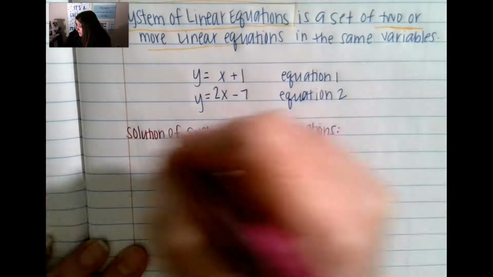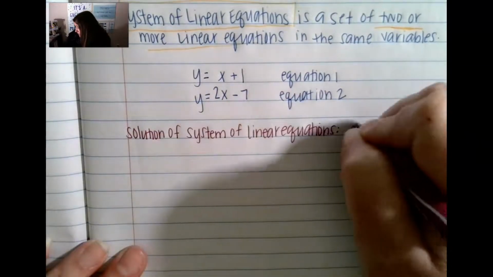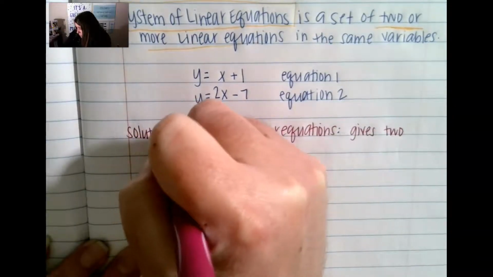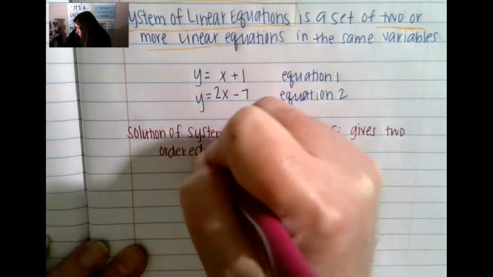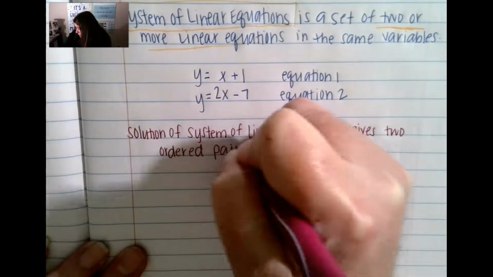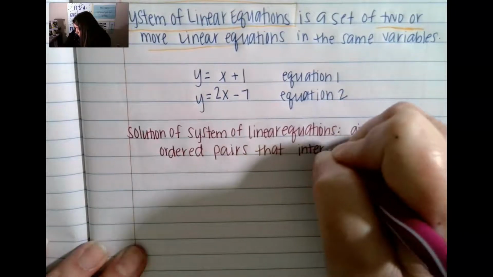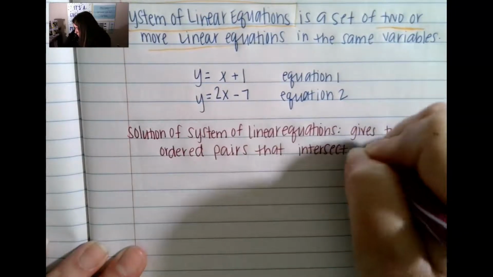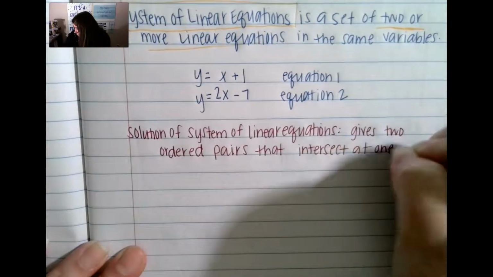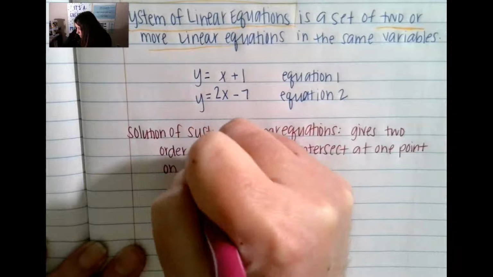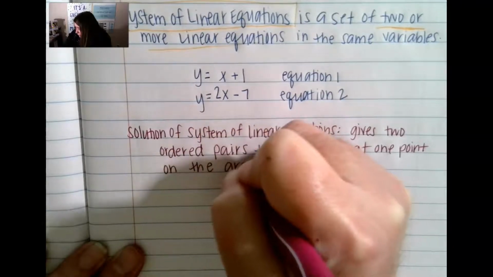So a solution gives ordered pairs that intersect at one point on the graph.